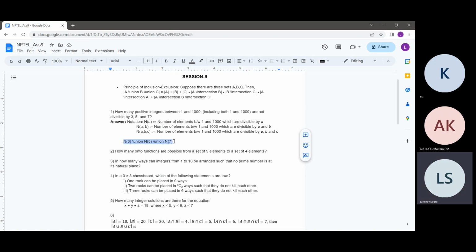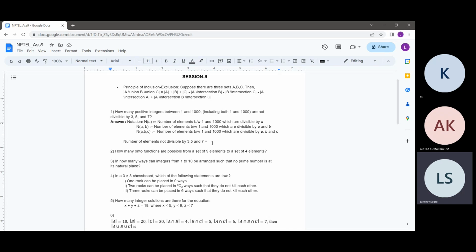So by inclusion exclusion, I'll write it like this. The number of elements not divisible by 3, 5, 7 is equal to... what will this be equal to by the principle of inclusion exclusion?